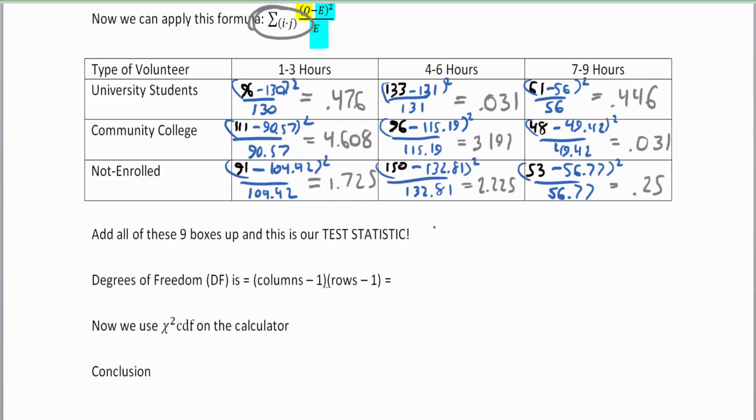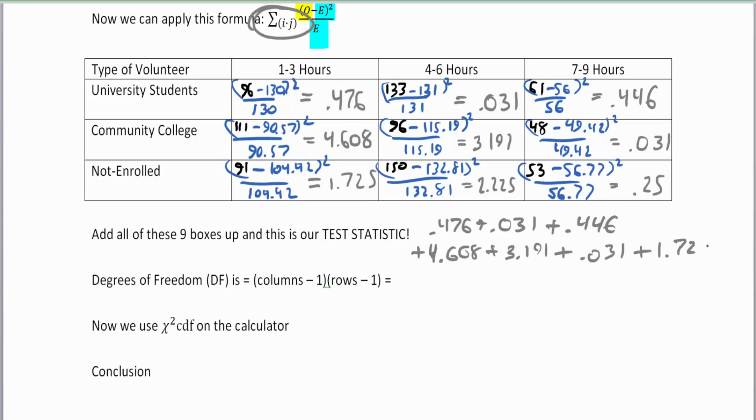And so we add up the 0.476, the 0.031, the 0.446, the 4.608, the 3.191, the 0.031 again, plus the last 3, the 1.725, plus the 2.225, plus the 0.25.